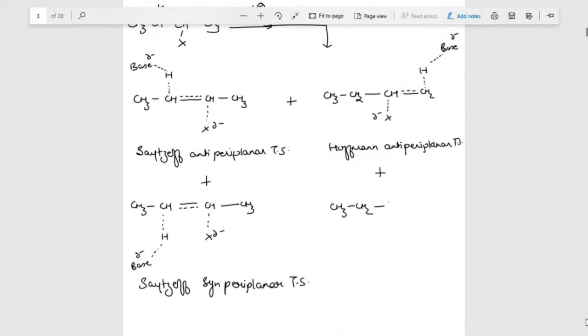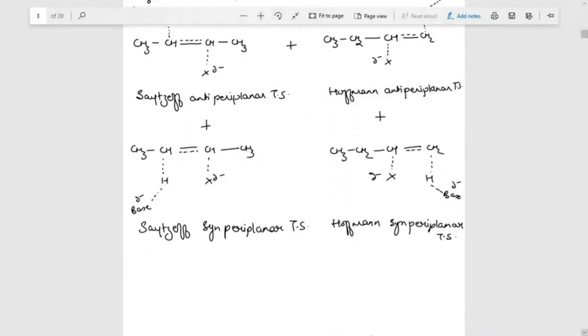CH3, CH2, CHX, CH2, H, base, delta minus. This is Hofmann syn periplanar transition state.